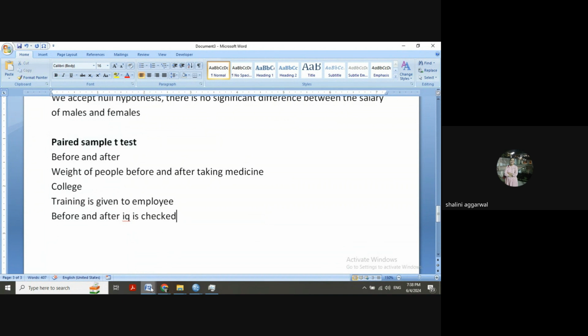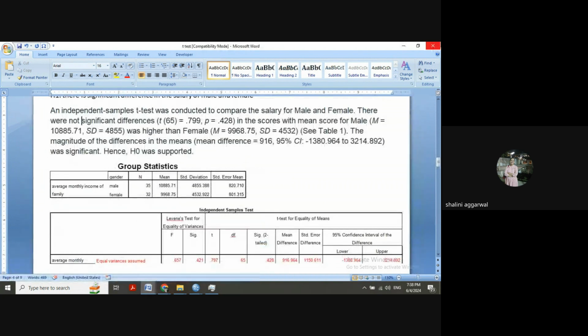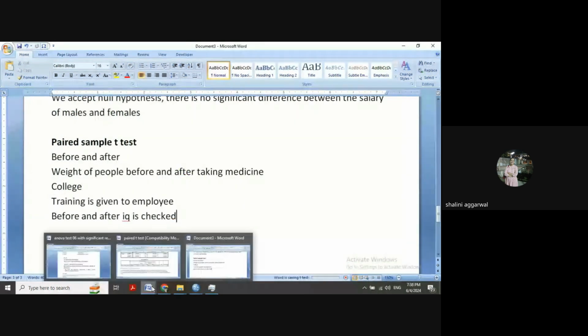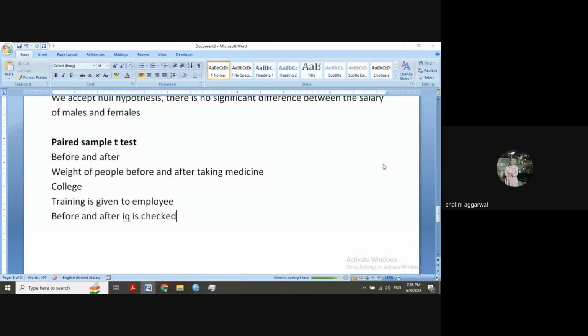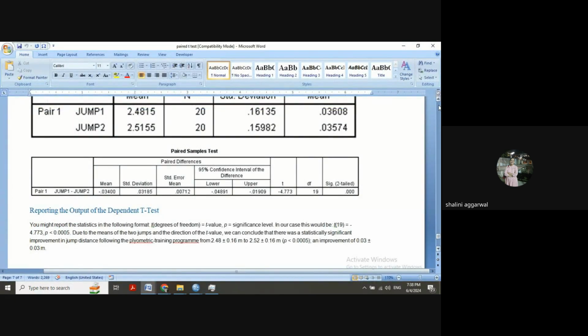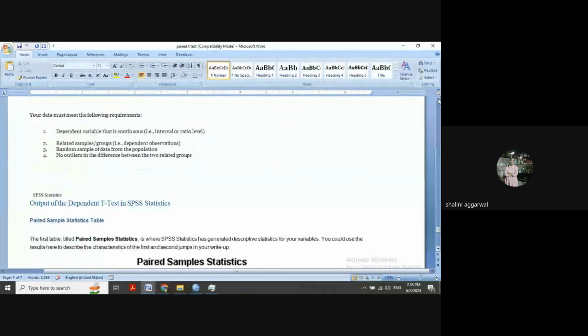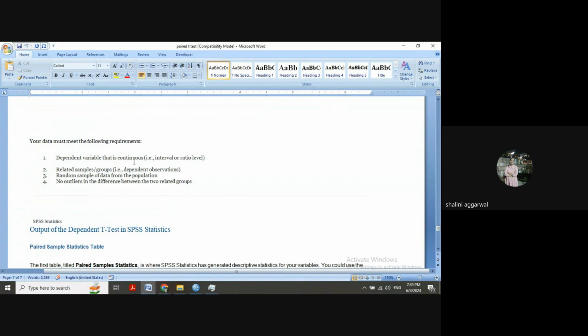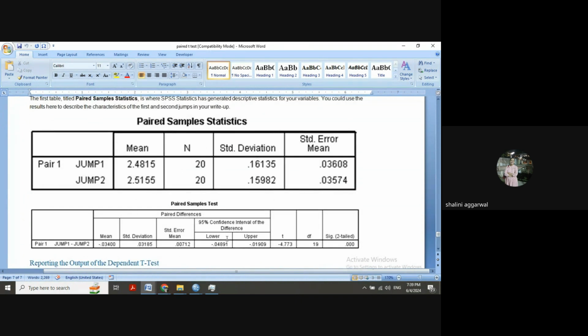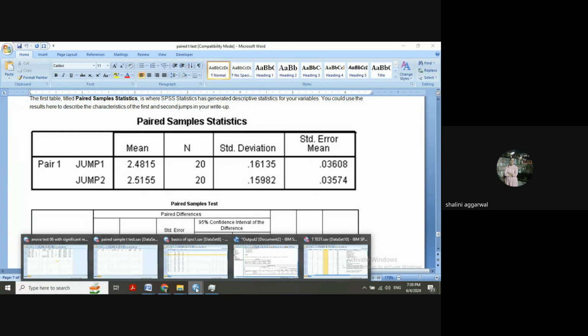So let me open my file over here. Just give me a minute. Okay. Let me take you to an example straight away.